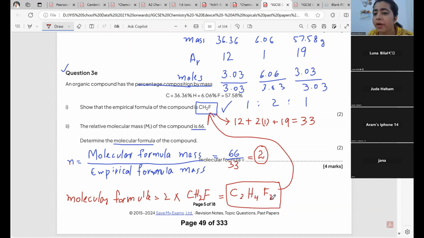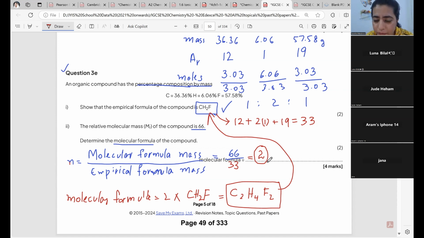So we were dividing by the number 2. To find that number, we have a formula: check the mass of the original formula, the molecular formula mass given as 66, then divide it by the mass of the empirical formula. The empirical formula is CH2F, its mass is 33. So we divide 66 by 33 to get the number 2. Clear?